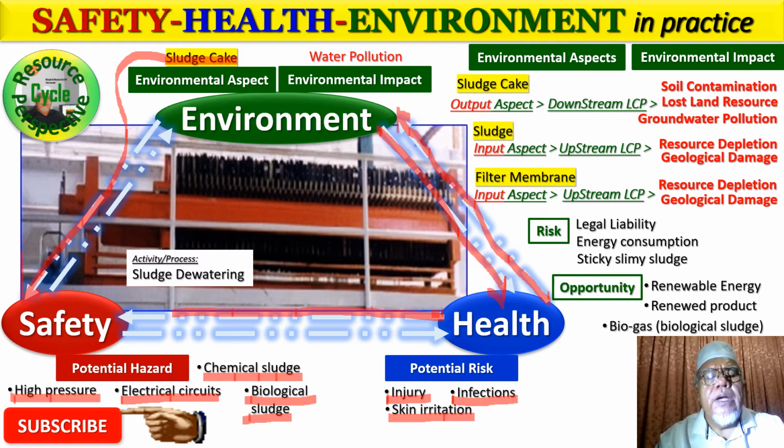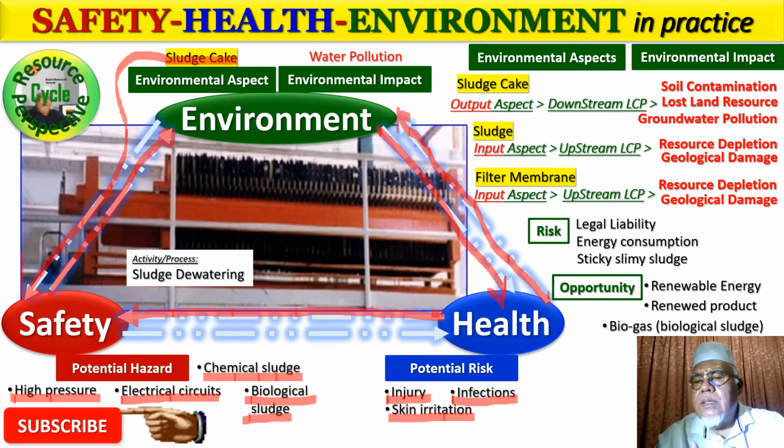With that irritation, he is uncomfortable with that sensation, and he might not be able to perform the dewatering process or operate the filter press in a proper manner, and that could lead to perhaps spillage. One example is spillage of sludge cake or raw sludge that would contaminate the environment. Then that would be an environmental impact associated with the improper handling of the filter press.